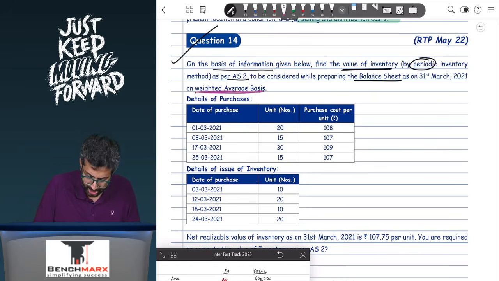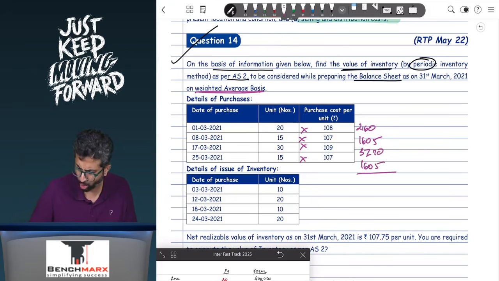So you have been given details of purchases: 20 into 108, 15 into 107, 30 into 109 and 15 into 107. So this will be your total value. This is 2160, 15 into 107, 1605, 30 into 109, 3270 and 15 into 107, 1605.